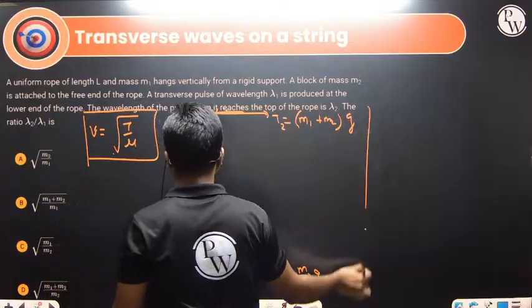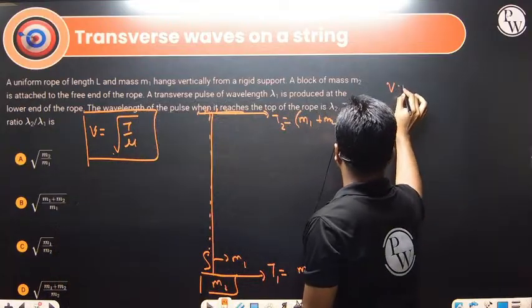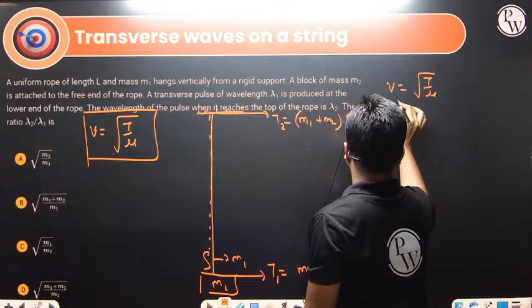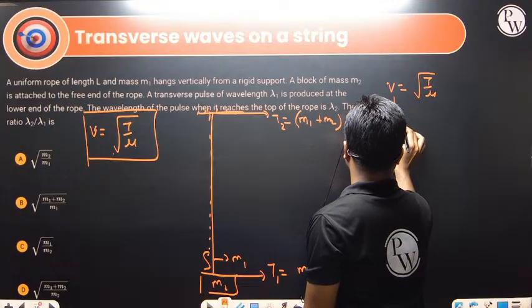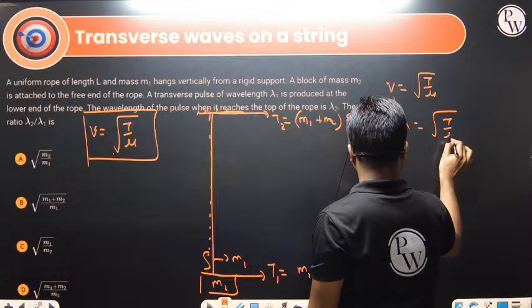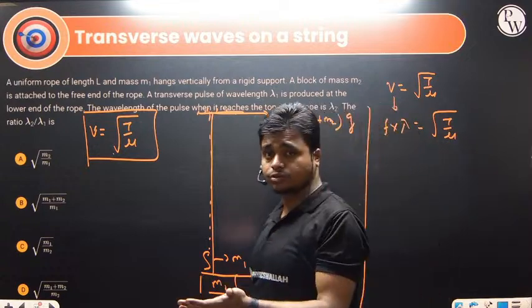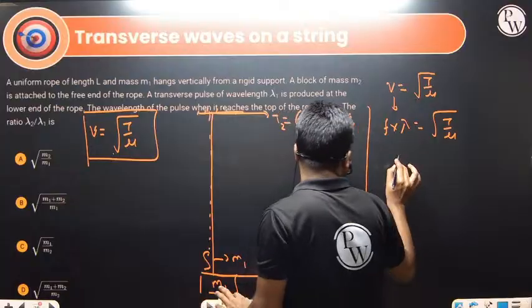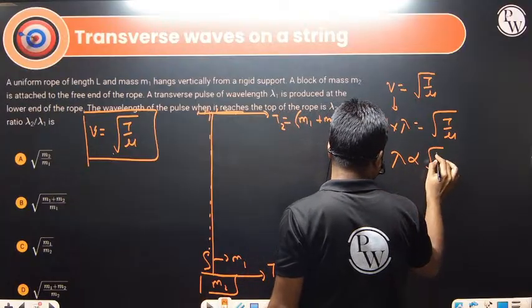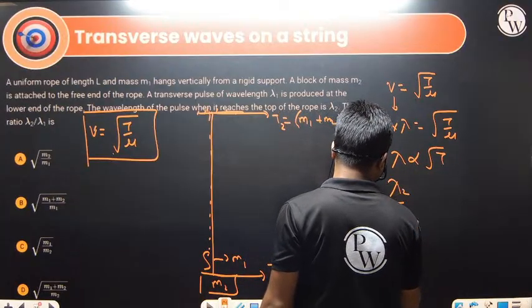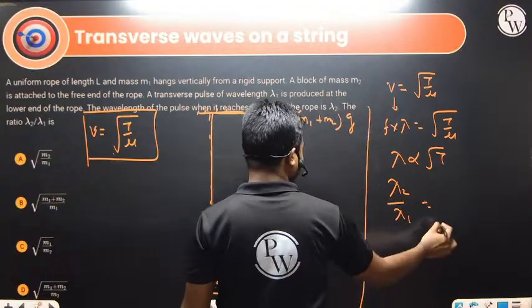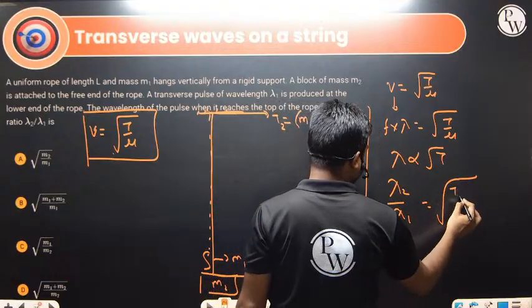We know velocity is under root T by mu, and velocity is frequency into lambda. Frequency does not change from one medium to another because frequency depends on the source. So lambda is proportional to root of T. So lambda 2 by lambda 1 is under root T2 by T1.